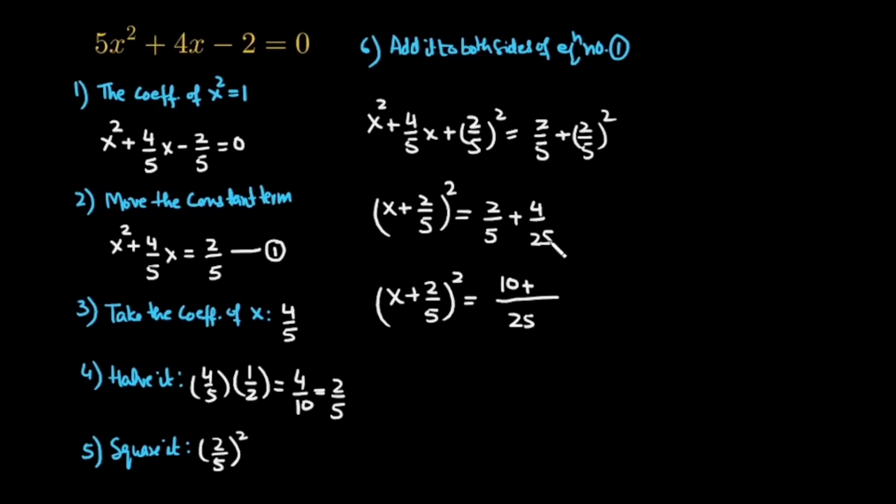Multiply the answer with 4, so 10 plus 4. So this is x plus 2 over 5 square equal to 14 over 25.